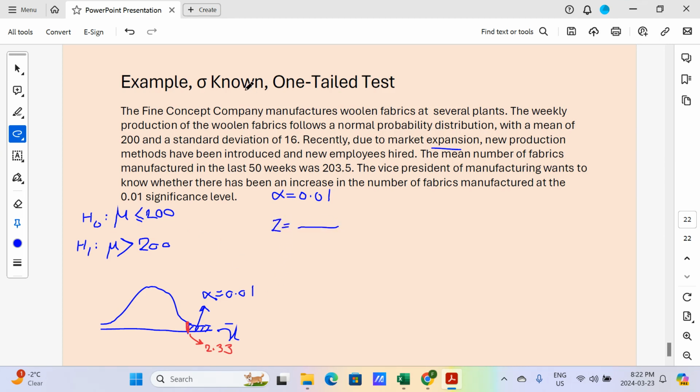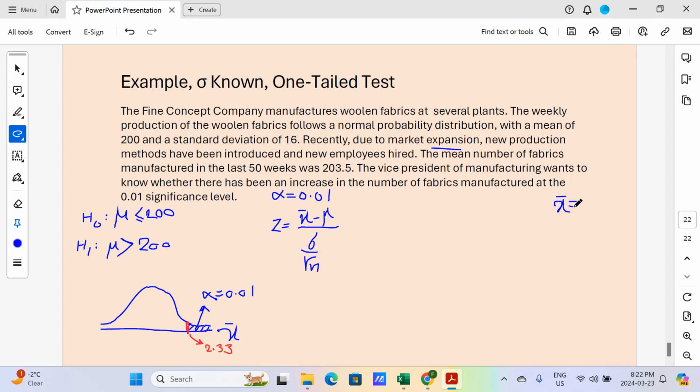Because sigma is known, I need the Z statistic of X bar. By using this formula, Z equals X bar minus mu over sigma over square root of n, I can find the Z value of X bar. X bar is the sample mean. We have a sample of 50 weeks.